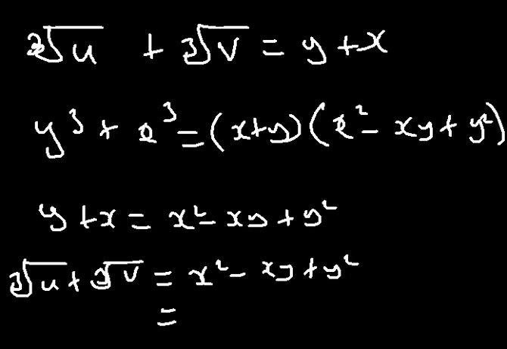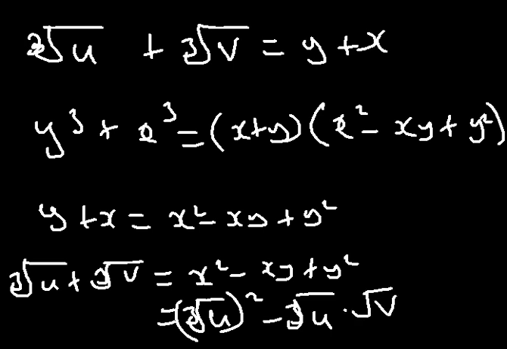That corresponds to the conjugate of that one being given as the cube root of u to the power 2, minus the cube root of u times the cube root of v, plus the cube root of v to the power 2.